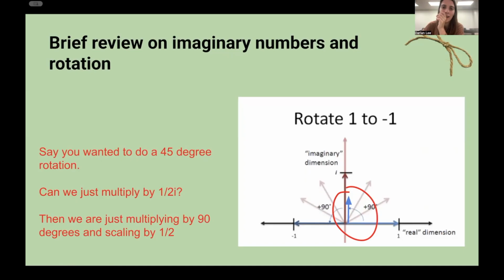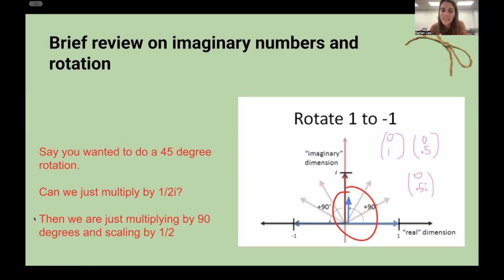So if we had a 0, 1 component, this is going to become 0.5. And then we're going to multiply by i, so this is going to be 0.5i. So we're never going to rotate anything other than 90 degrees. Any other arithmetic we do here is just going to be scaling up or down.